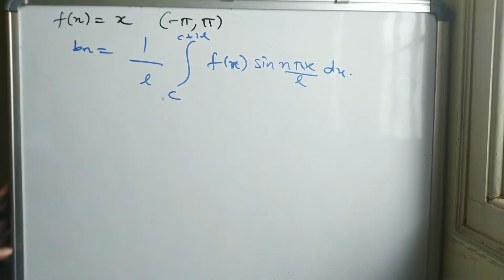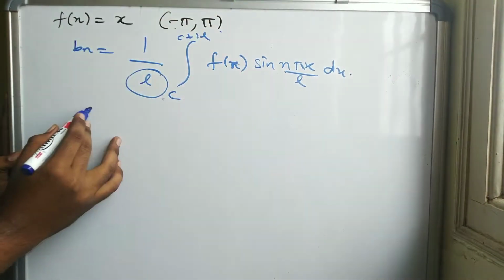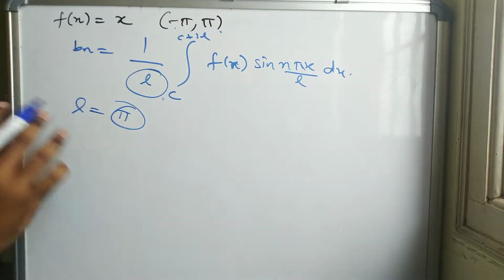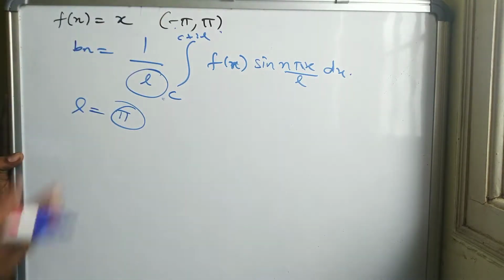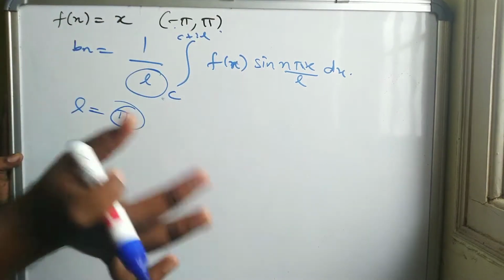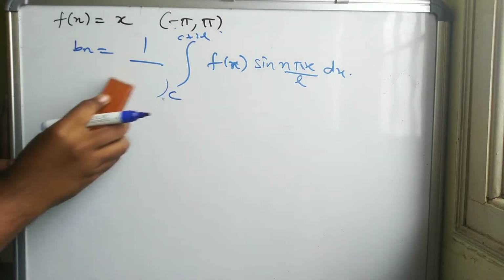Now, do you know what L is? Minus pi to pi, L is nothing but pi. You can see my previous videos to understand how to calculate L. So L is pi. Just replace L.